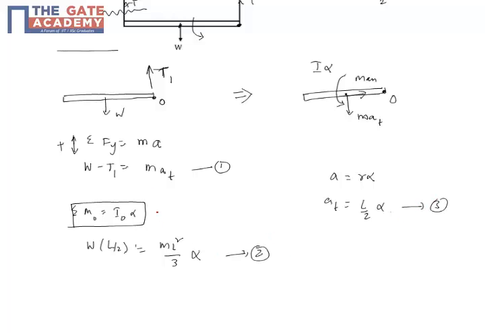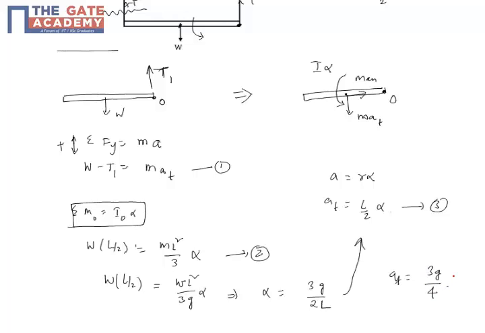Now we need to find T1. First let's get alpha from the moment equation. This m is W by g, so W L by 2 equals W L square by 3g times alpha. From this, alpha would be 3g by 2L, which I substitute here. I get a_t as L by 2 alpha, so 3g by 4.